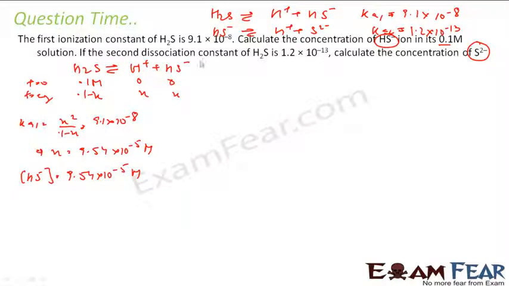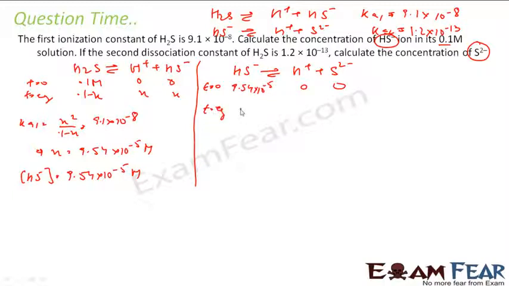Done. Now let's talk about the second reaction. HS minus gives H plus plus S2 minus. At t equals 0, this becomes 9.54 into 10 to the power minus 5, this is 0 and this is 0.